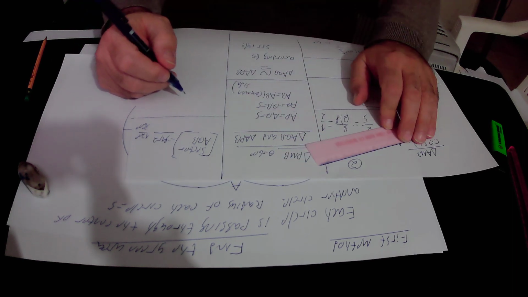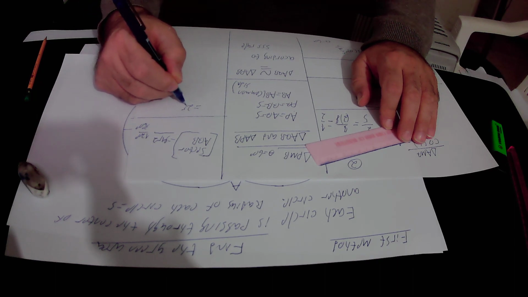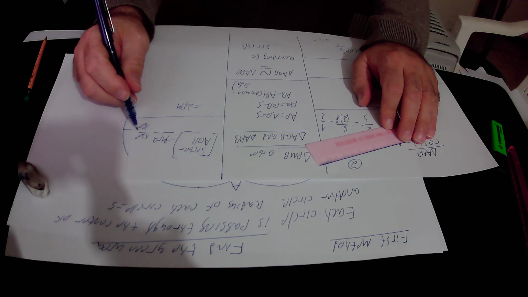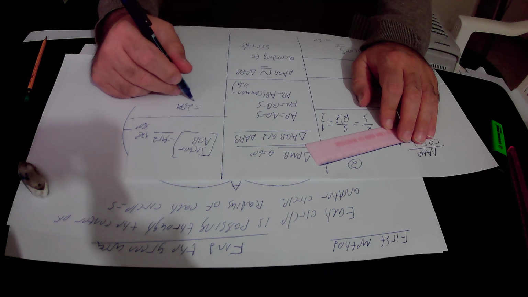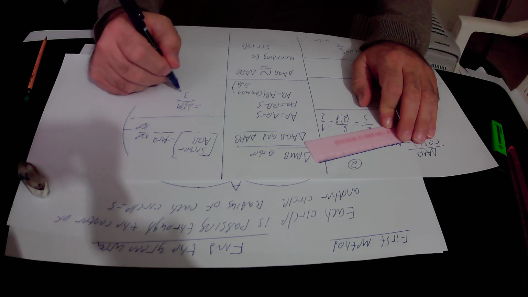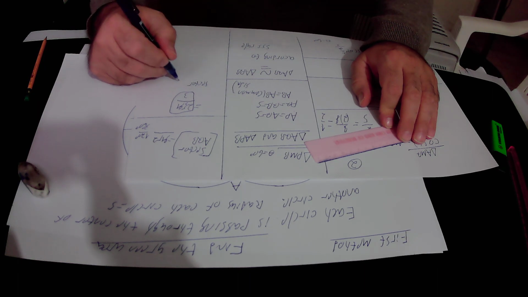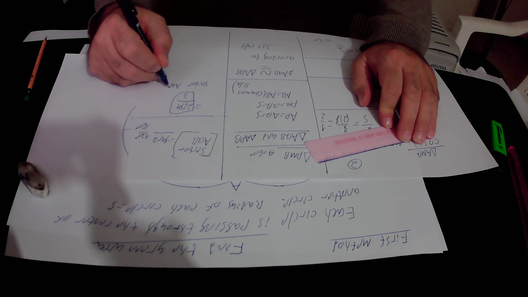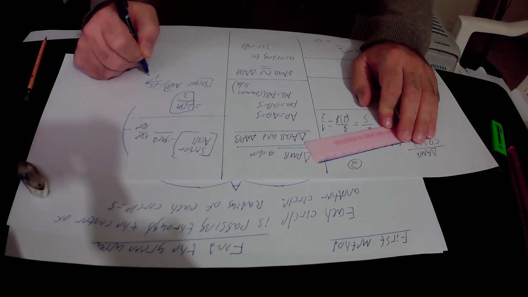So R squared is 5 squared, 5 squared is 25, so here we have 25 pi, 120 degrees over 360 degrees is 1 over 3, so it is 25 pi over 3 square units. Okay, so the area of sector AQB equals 25 pi over 3 square units.